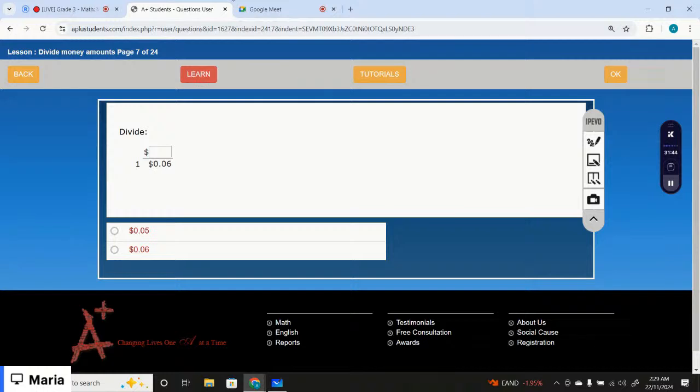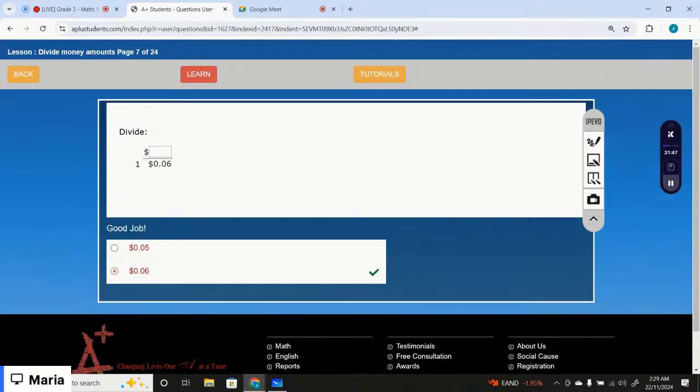That is 0.06. Option number 2 is the correct option.